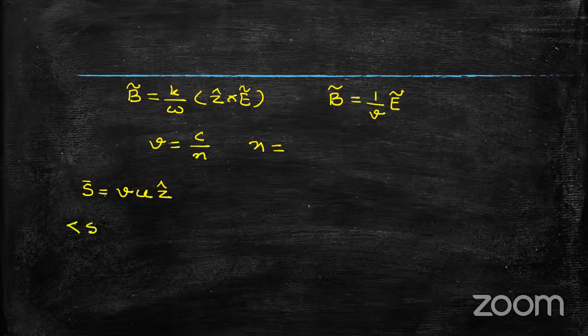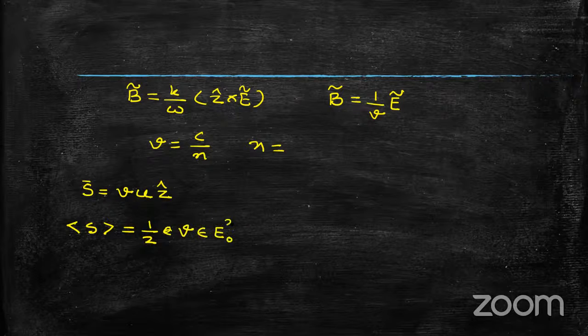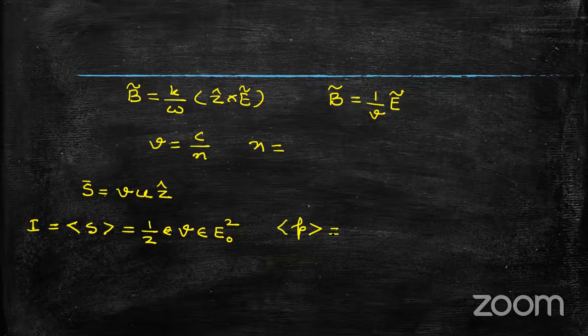Average value of S will be what? 1 by 2 of V into epsilon E0 square. Right? We had 1 upon 2 C into epsilon 0 E square. Now we had a, which is nothing but I. Similarly, you will have momentum also. That is clear? Okay.